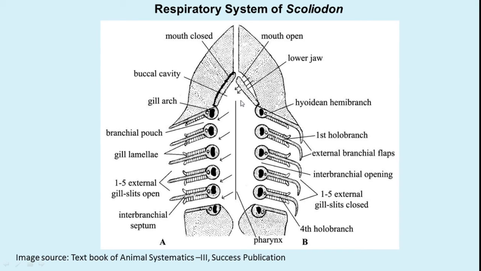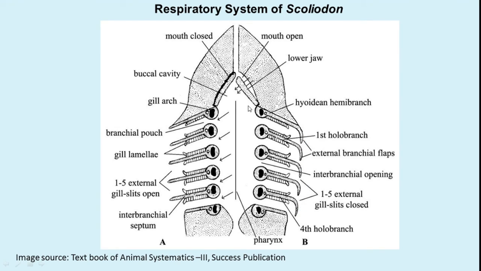Now the pharyngeal cavity is also enlarged by expansion of gill arches, while the external gill slits remain closed. Once the water enters, these external branchial flaps, which are not shown here but on this side you can see, are going to get closed.